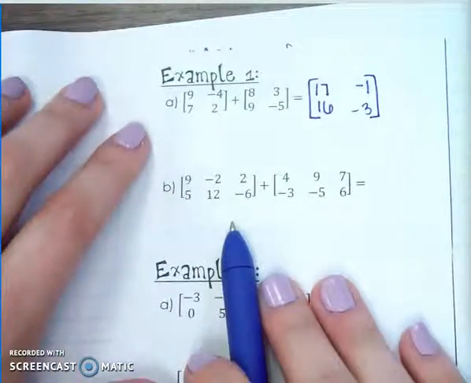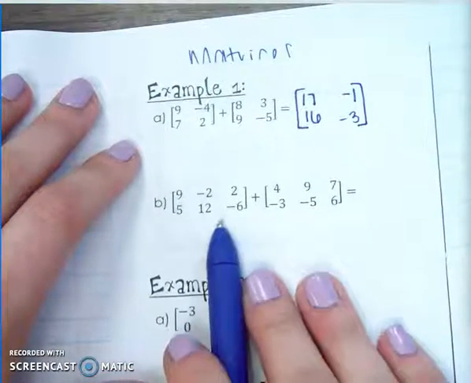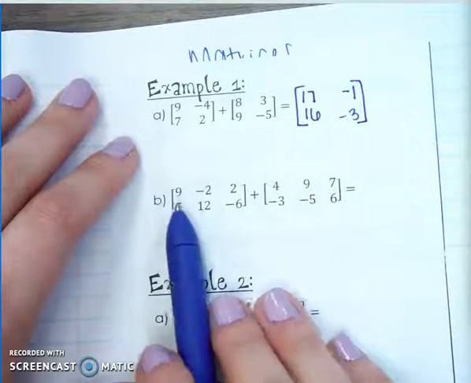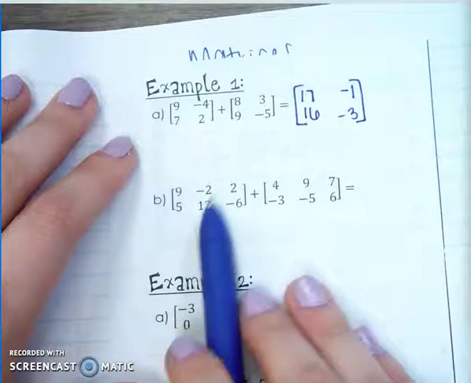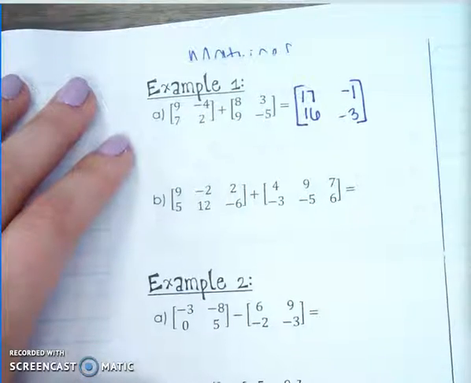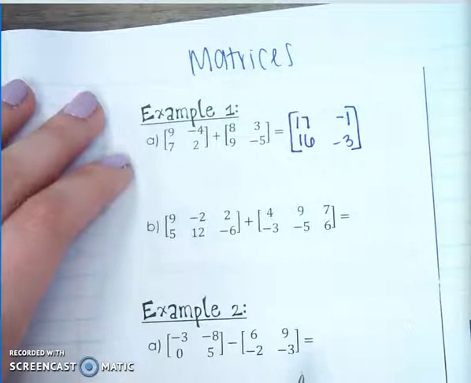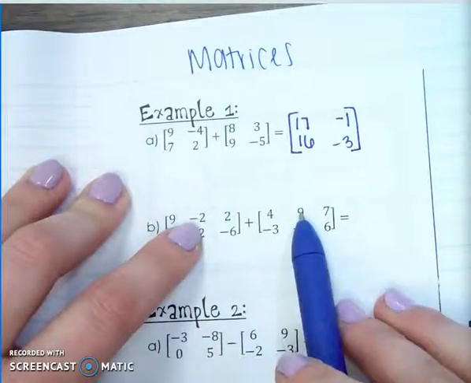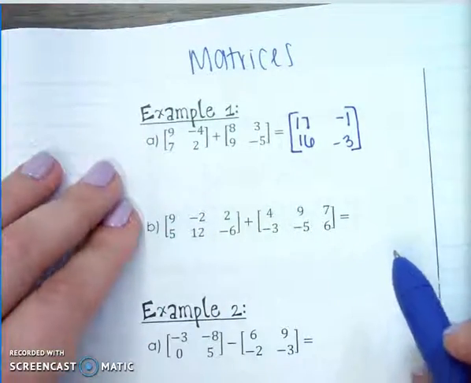In example 1b, I have two matrices that have a different number of rows and columns than that first one. I've got another column here. It's the same thing. I am still going to add whatever is in this top left to the top left, the top middle and the top middle, and vice versa, all that way.